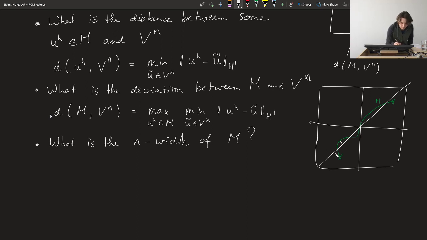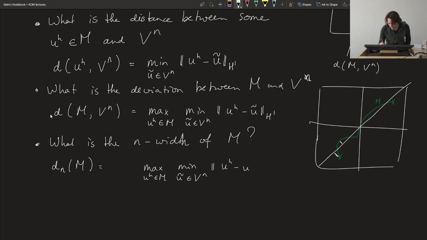So how do we write that? We're going to write d n of M. That is going to be the deviation, so max of uh in M, min u tilde in Vn of the norm of uh minus u tilde. So that's the equation that we had earlier. And now it's going to be the deviation corresponding to the best possible subspace.